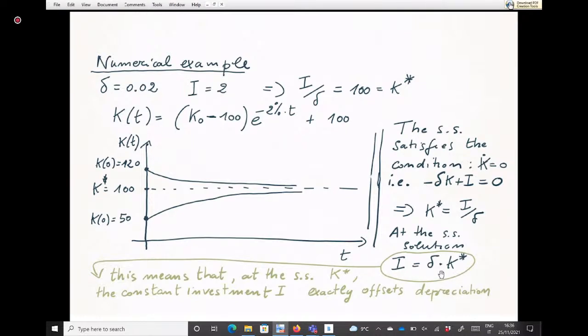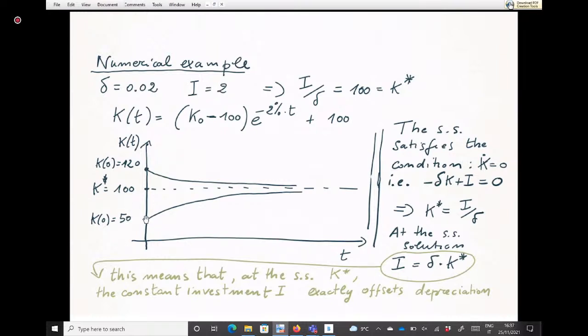The equilibrium in the economy will be reached when, if you apply the depreciation rate to a given level of capital, you have the loss of capital over one period, okay? So this is the amount the capital stock depreciates in one period, delta times K star, at the steady state. This is exactly offset by your new investment, okay? And this is the reason why the capital remains at that level.